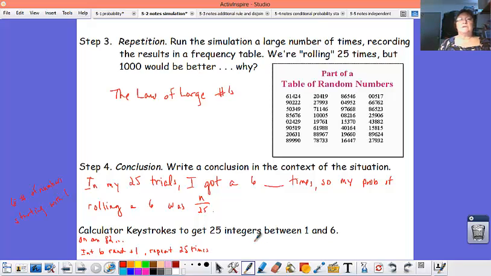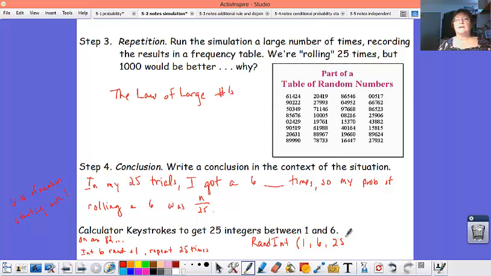On an 83 or 84, folks, they've included a function that makes this much easier to do. It's under math and probability, and it is the rand_int function. You'll find that under math and probability. The way it works, start number, end number, so I want numbers between 1 and 6, and then the number of repetitions that you want.